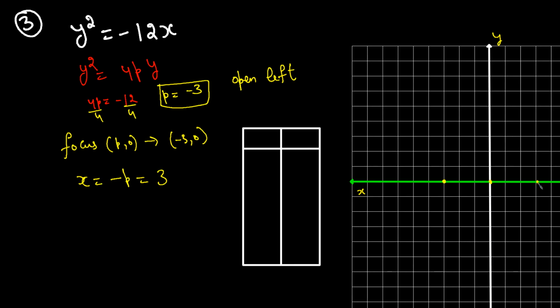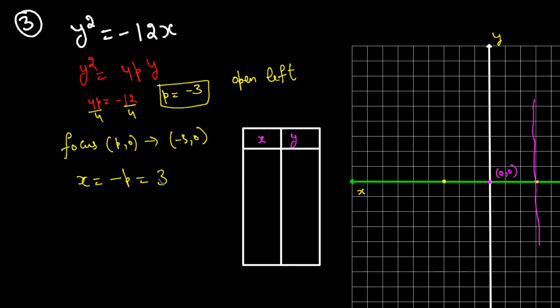So that is the point, that's where my directrix is. I'm going to draw a line over here, a straight vertical line going through this point. Okay, and halfway between these 2 is your vertex, and in our standard form it's always 0, 0.